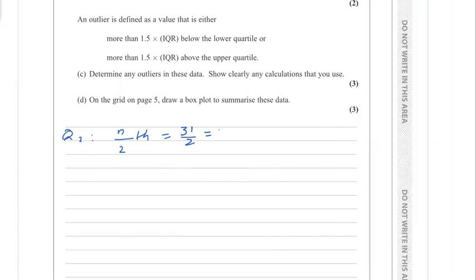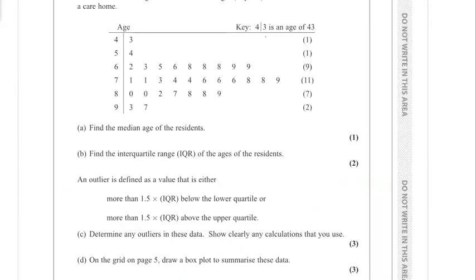So the 15.5th value will be, well, there is no value 15.5, so I will round up to the 16th value. So the 16th value will be Q2. Now I have to check which value is the 16th value.